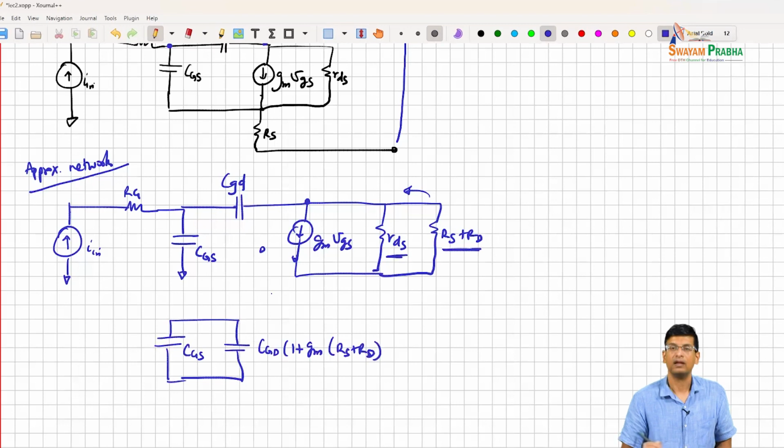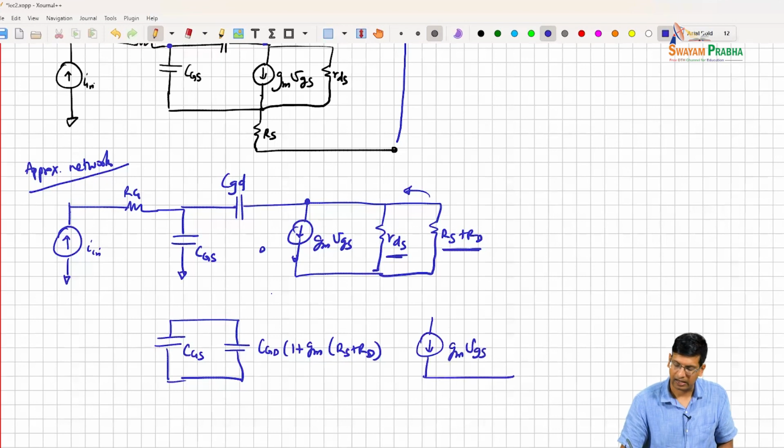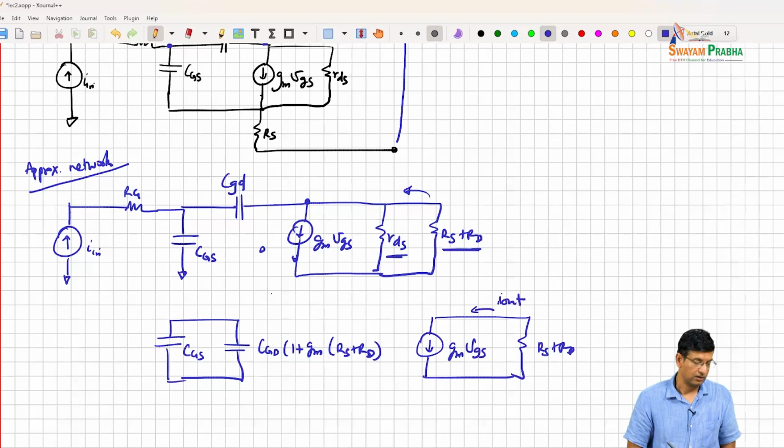This is increased. And then I have GM-VGS, and then I have RS plus RD. And I'm interested in the I out that goes here.